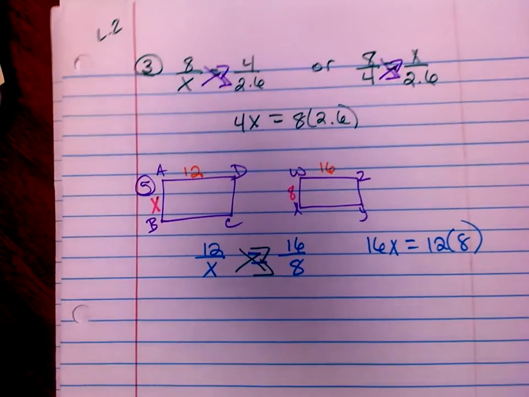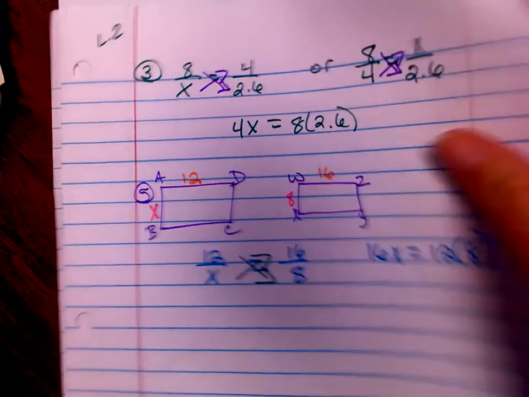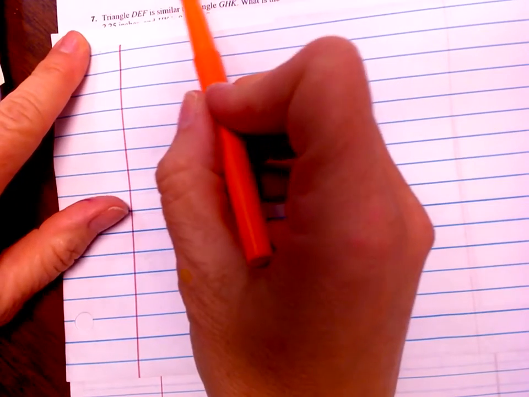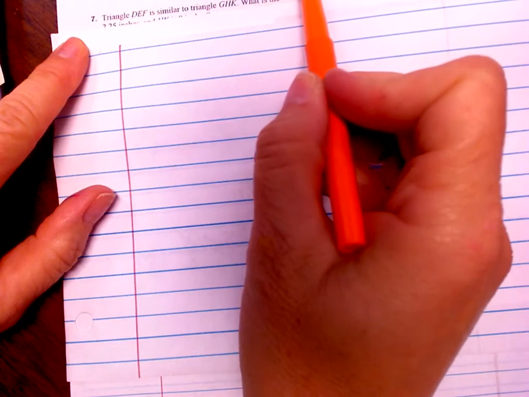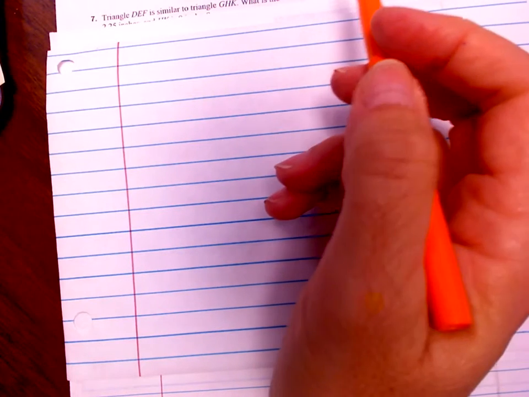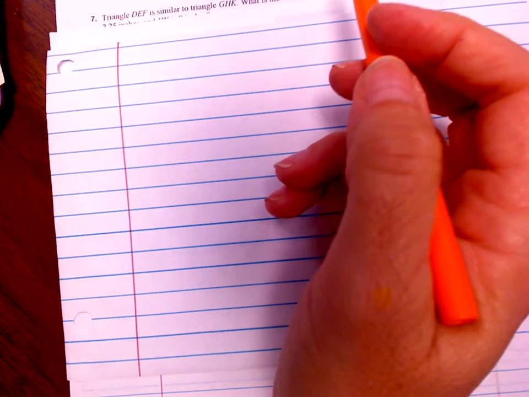Okay, number 6. A green rectangle tile and a yellow rectangle tile are similar. The green tile has a length of 24 centimeters.